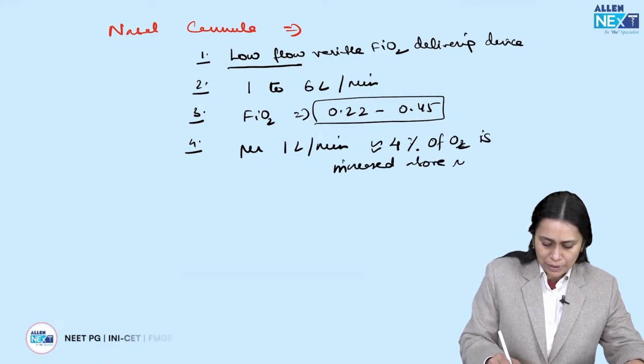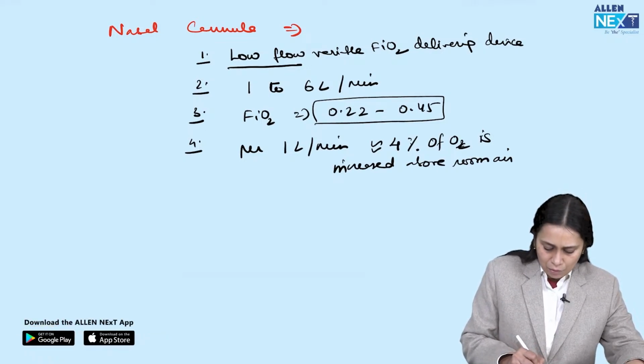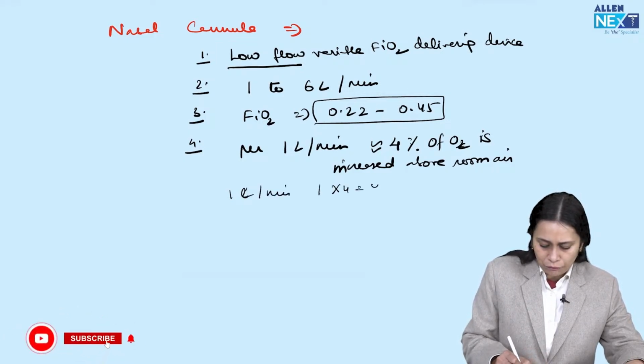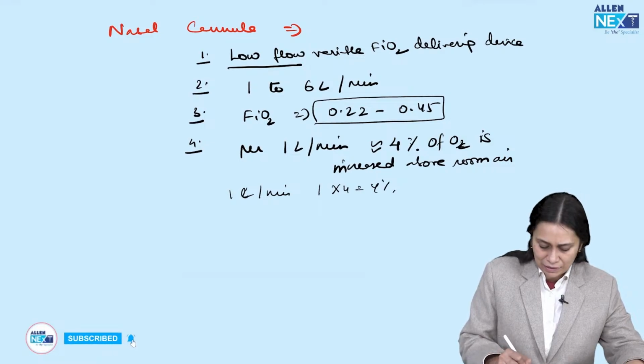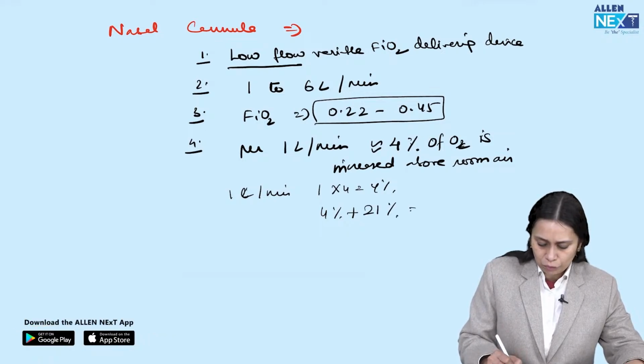So if I am giving 1 liter per minute by nasal cannula, 1 into 4, so 4% over room air, that is 4% plus 21 or 20, whatever you consider the room air oxygen concentration. So we will achieve 25% oxygen concentration.